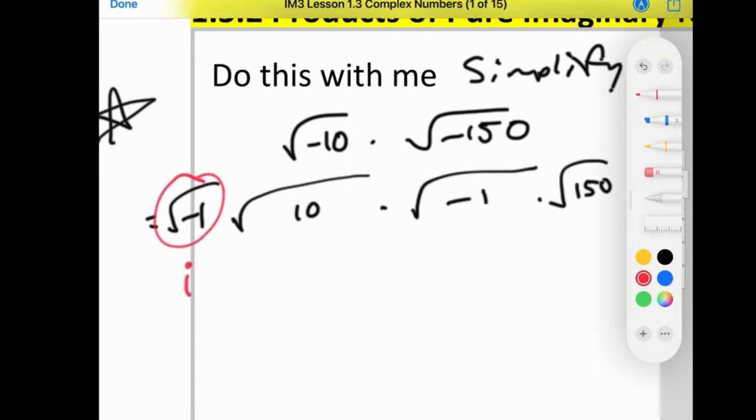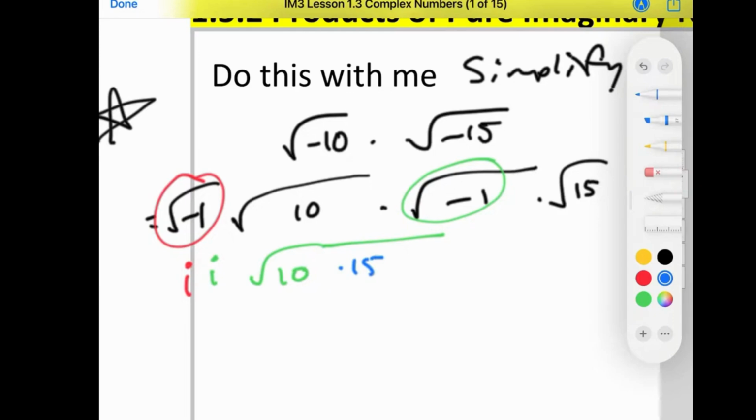This one becomes i on the outside. Here's another i on the outside, and we have radical 10. And look at this, you can put them in the same house. Should be 15 there, and that is times 15.